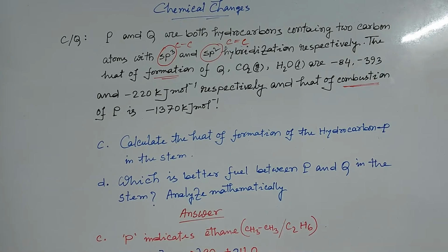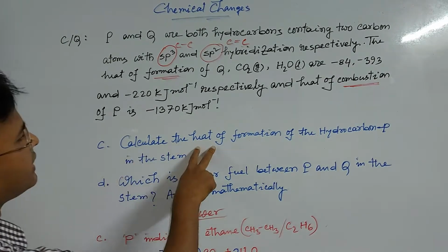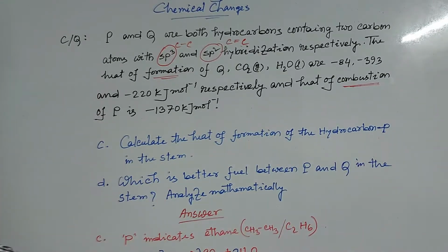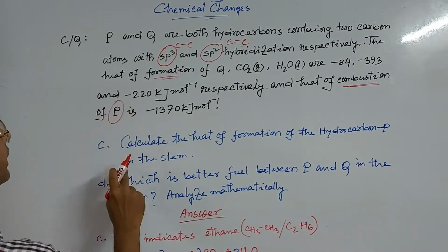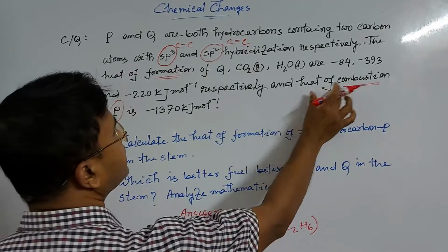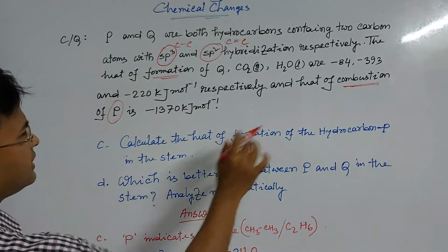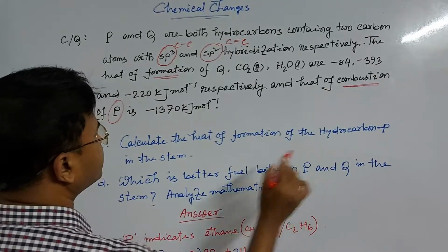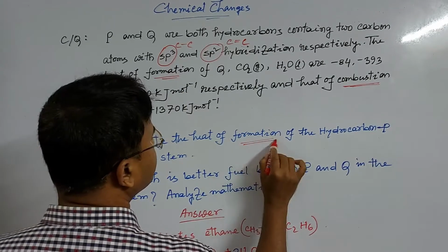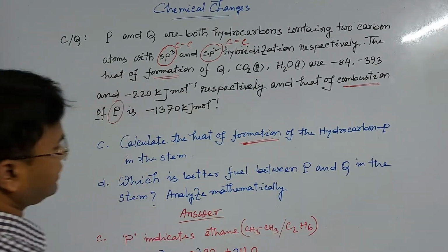Now come to the question. Calculate the heat of formation of hydrocarbon P. In the stem, the heat of combustion is given, but in the question, heat of formation is asked.